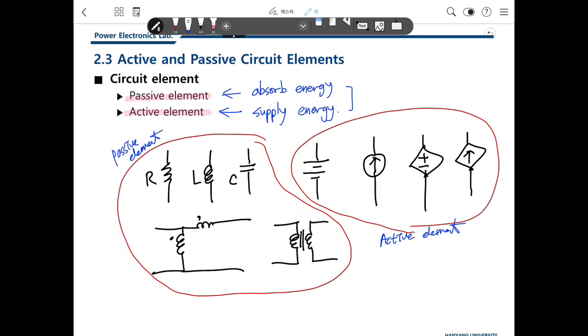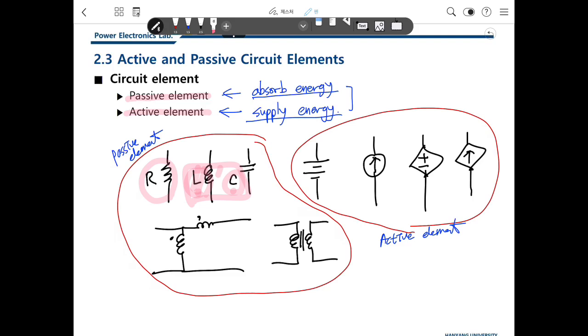The difference between the passive element and the active element is whether it absorbs energy or supplies energy. Actually, the resistor only absorbs energy, but the inductor and capacitor could absorb energy and also supply energy.